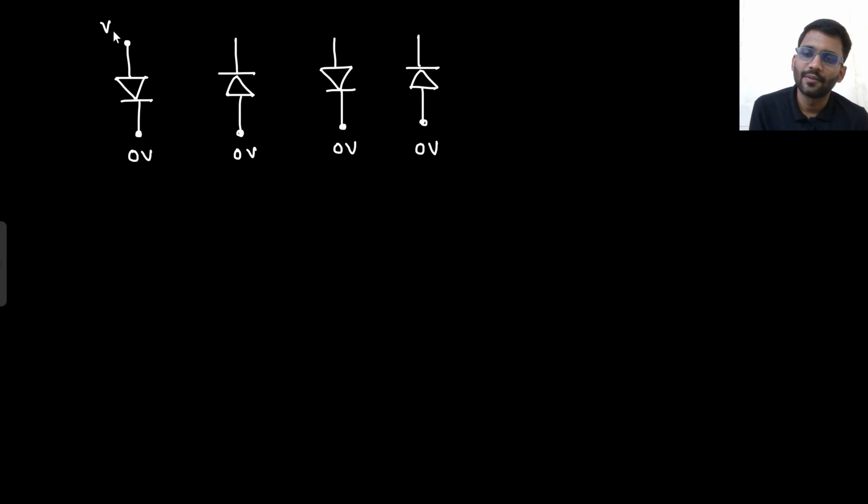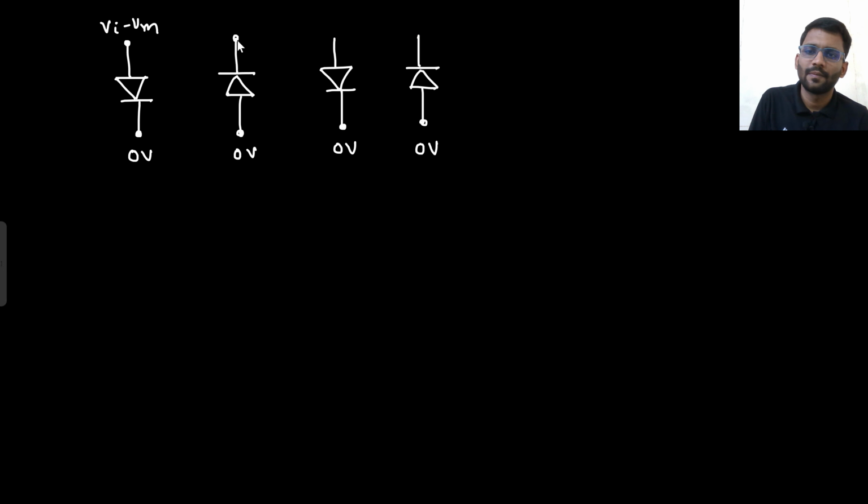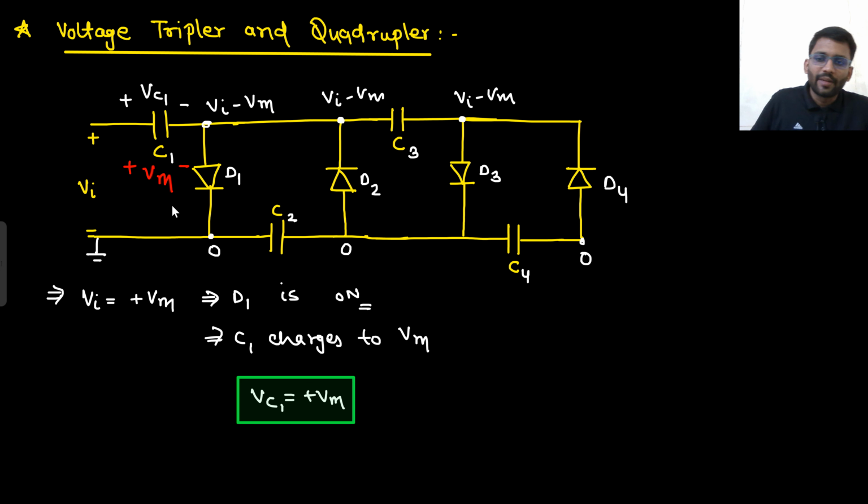This potential is Vin minus Vm, Vin minus Vm, Vin minus Vm. Right? Now what will happen? Vin equals Vm has been checked. Now the turn is for minus Vm. For Vin equal to plus Vm we have checked. Now we will check for Vin equal to minus Vm.